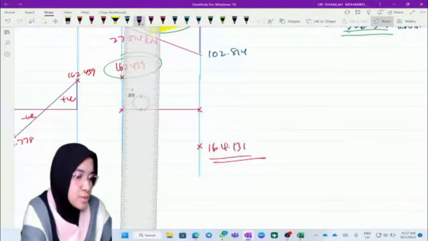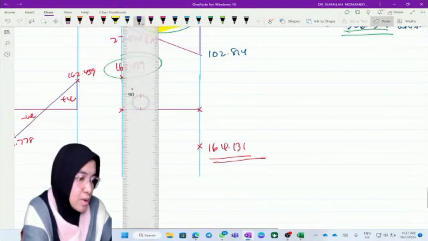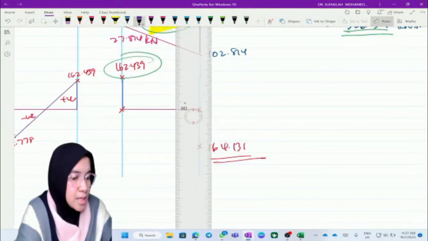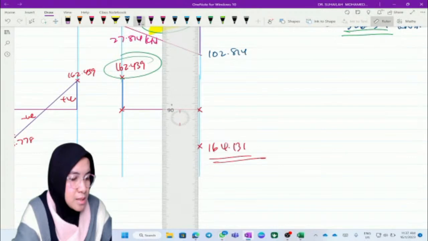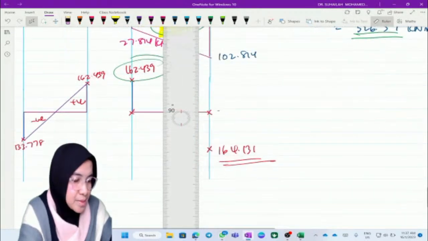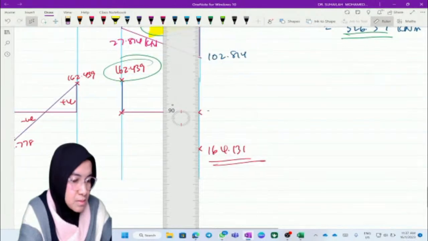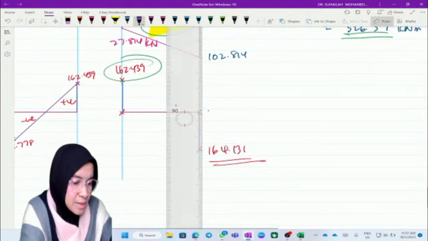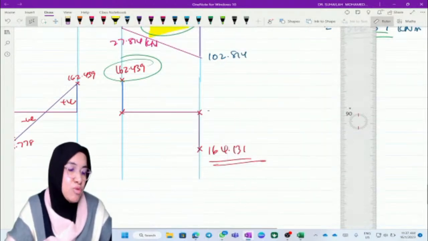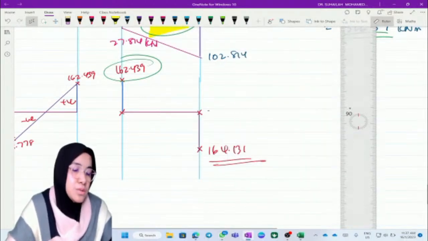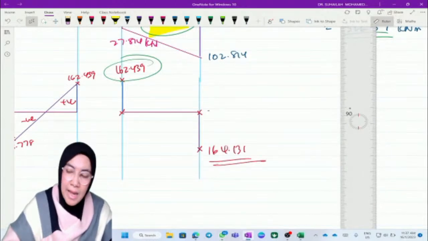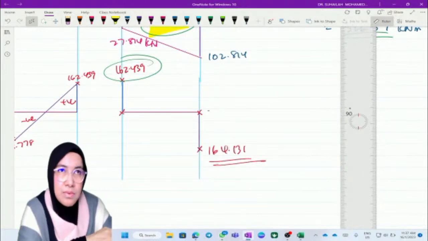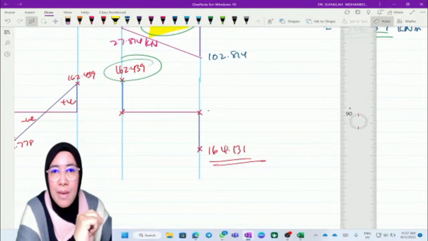So how does the diagram look like? This is vertical. Now we don't have maximum moment. Remember this is UDL, so we should get a curve line.